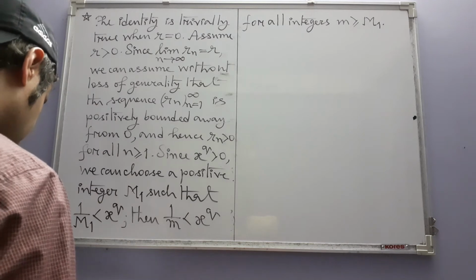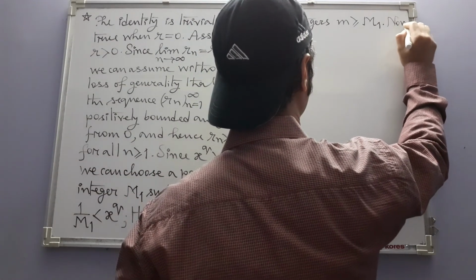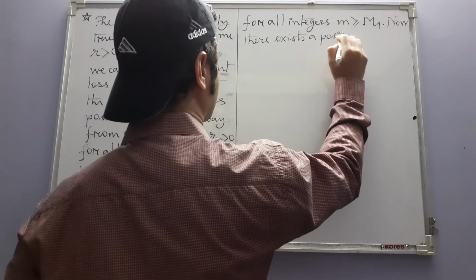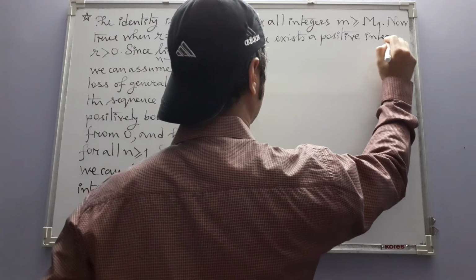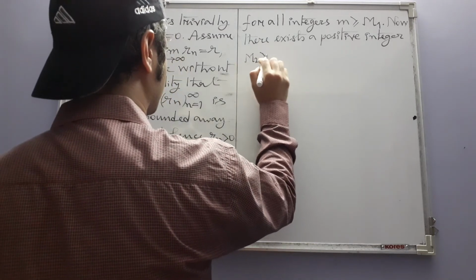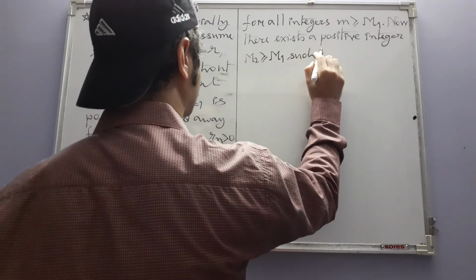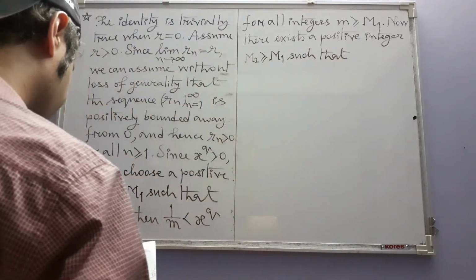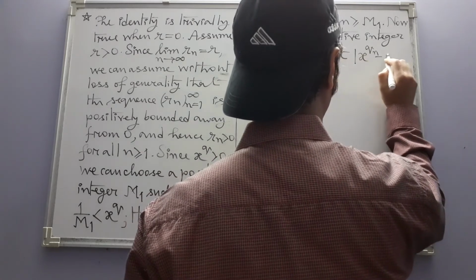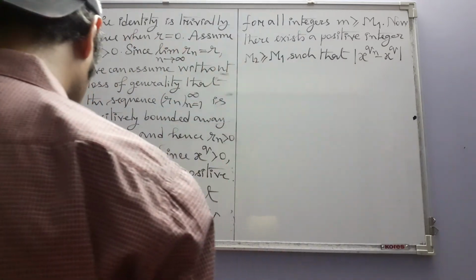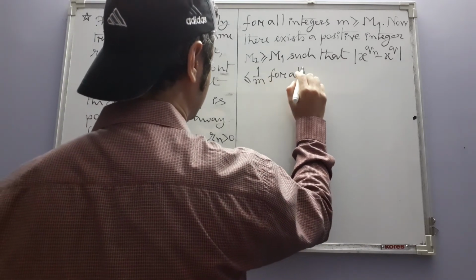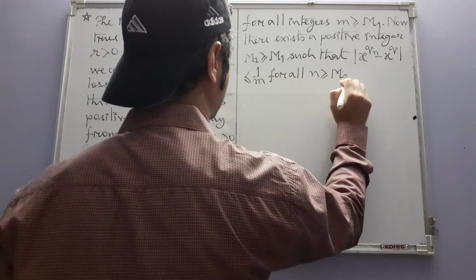Next, now there exists a positive integer m2 greater than or equal to m1 such that the distance between x to the power qn and x to the power q is less than or equal to 1 over m for all n greater than or equal to m2.